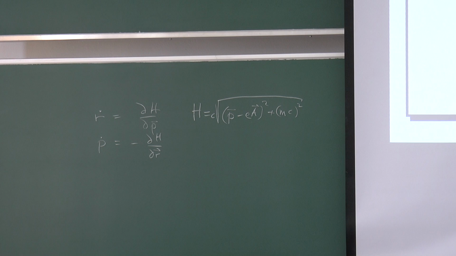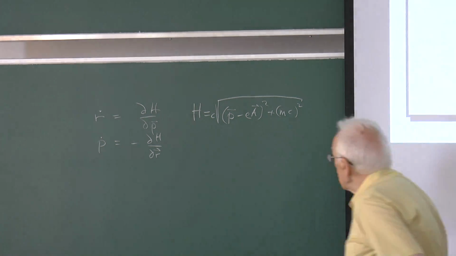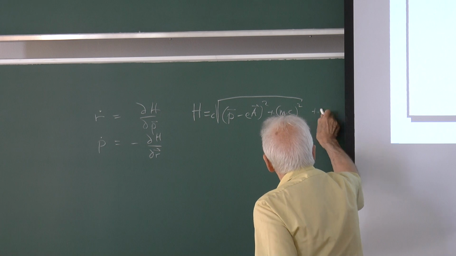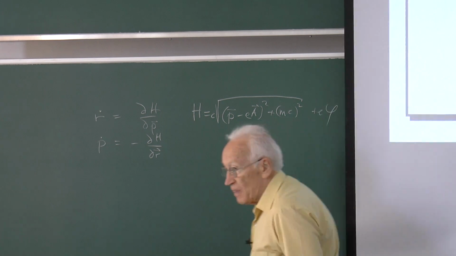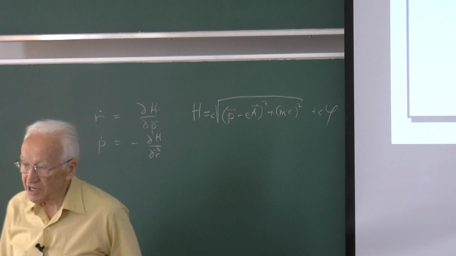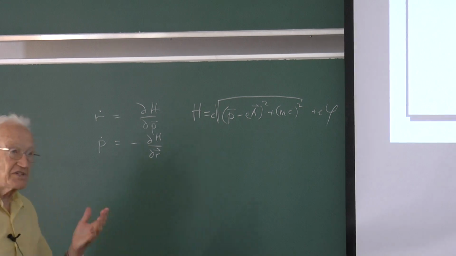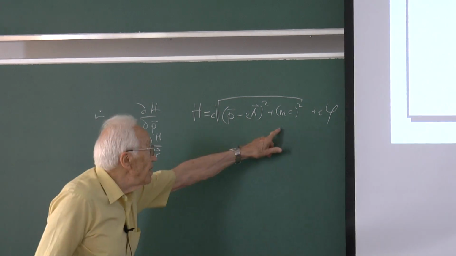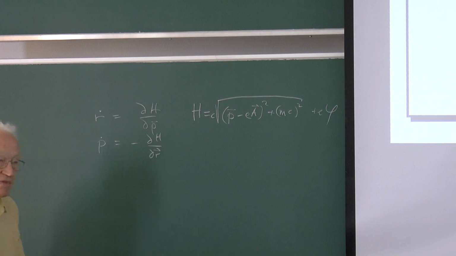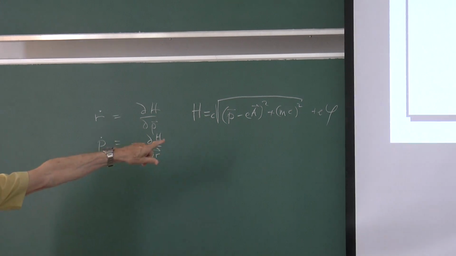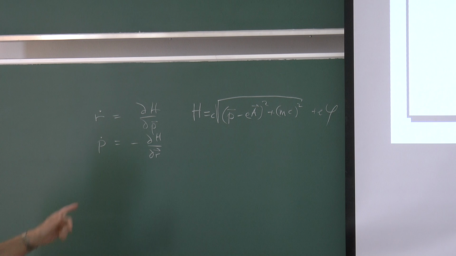And plus e scalar potential, e phi. This is the relativistic theory of a single particle with mass m moving in an external electromagnetic field.